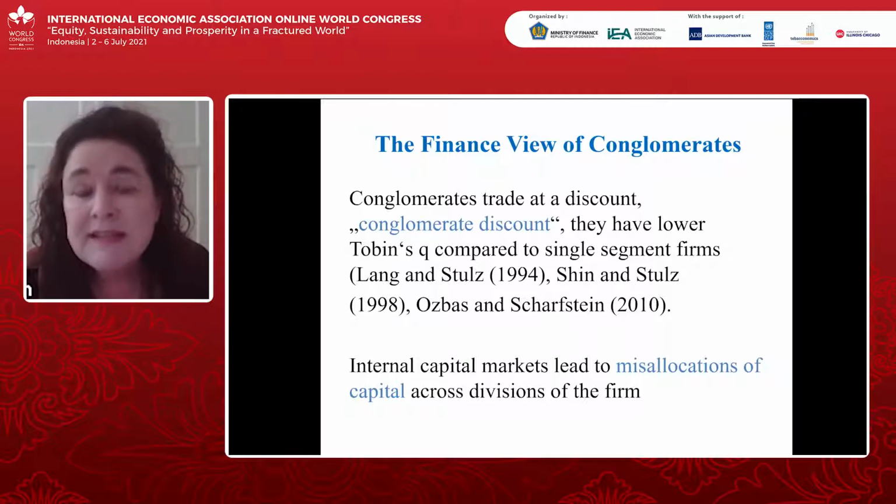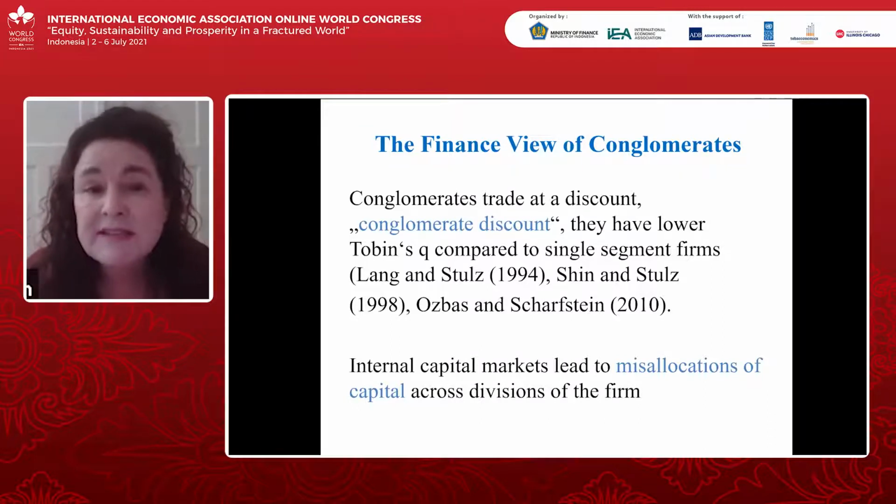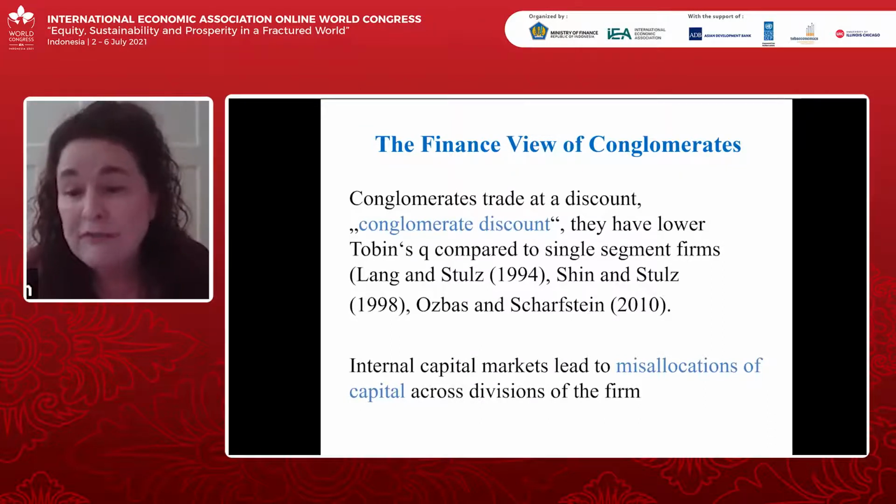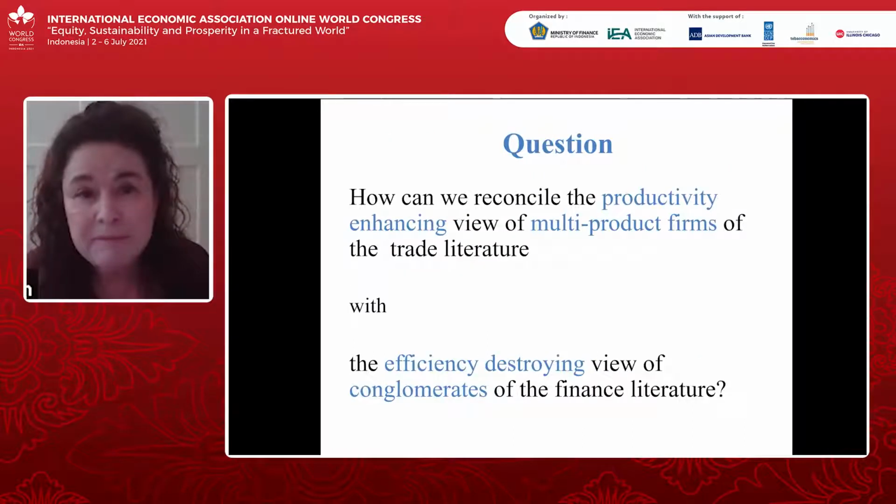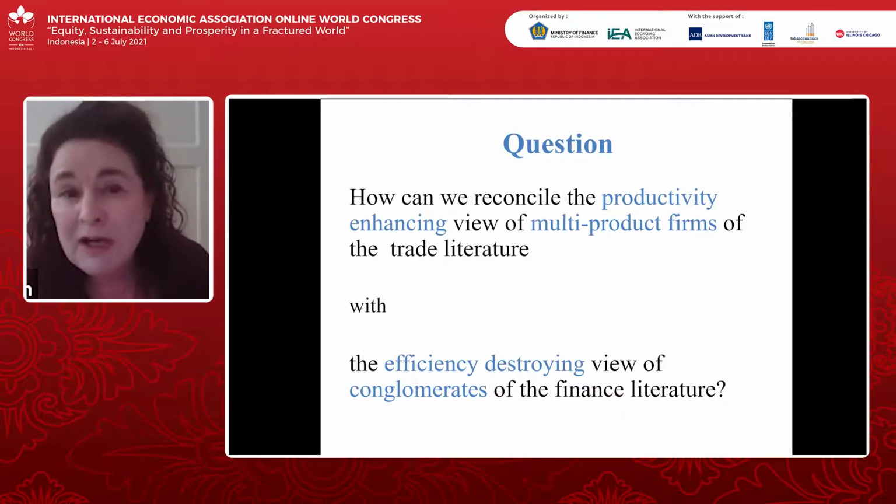The view is that internal capital markets in multi-product firms lead to misallocation of capital across divisions, and that's the reason we observe a conglomerate discount. So the question we raise is: how can we reconcile the productivity enhancing view of multi-product firms in the trade literature with the efficiency destroying view of conglomerates in the finance literature?